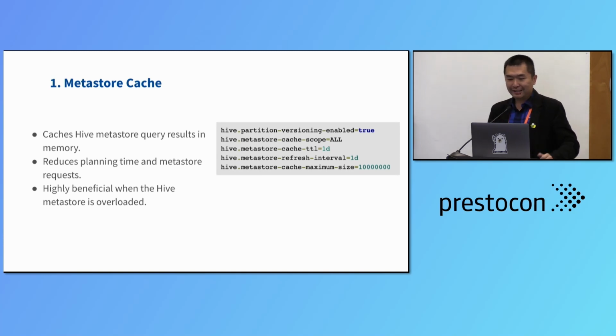The planning time for each query is very small, but the workload on a Hive metastore might be big. So probably you can use a metastore cache, caching something like the partition list from your Hive metastore. It can reduce the workload of your Hive metastore.